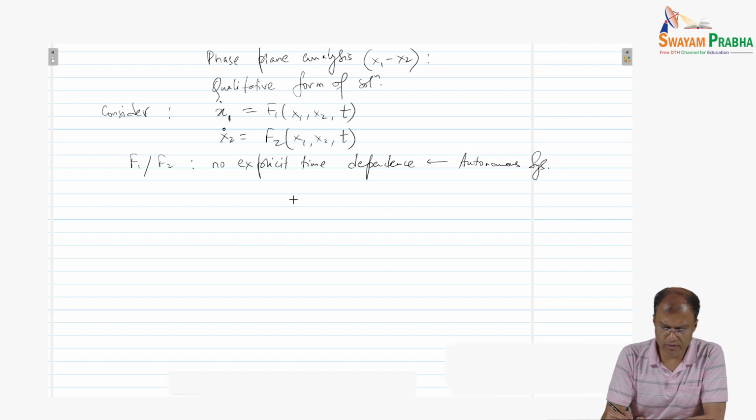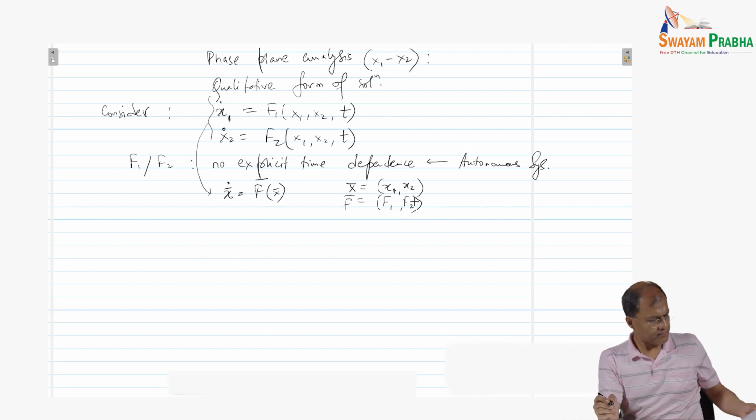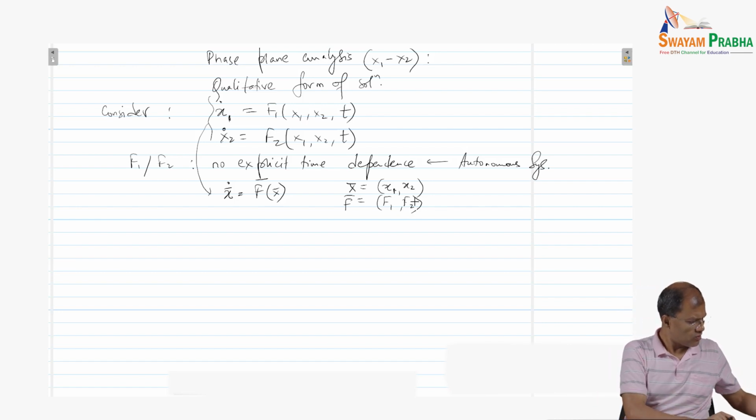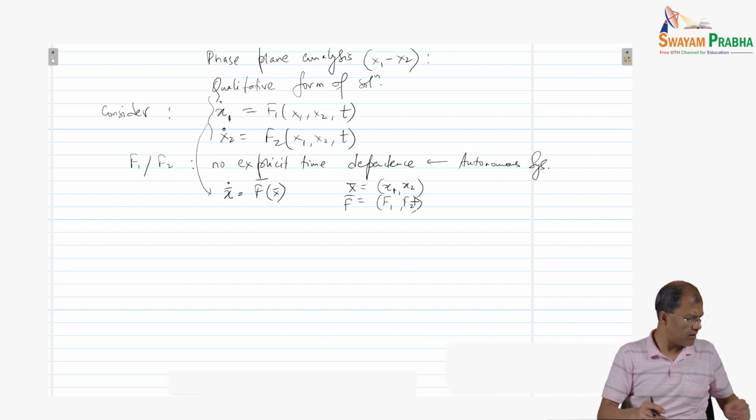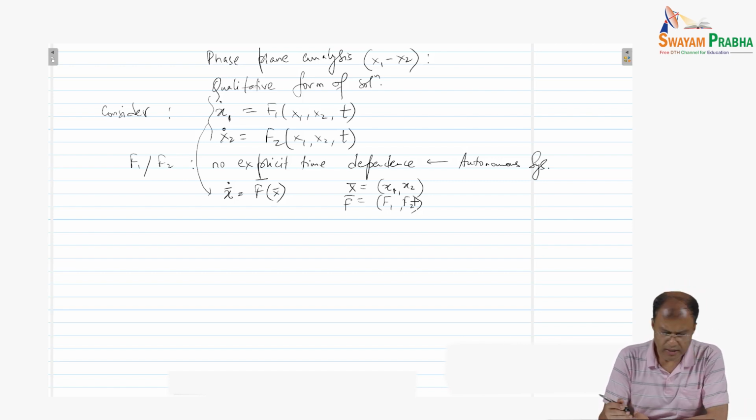And so we can write the most general form: x dot is f of x bar, and we are writing it in the vector form, where x is (x1, x2) and f is (f1, f2), right? So the variables x1 and x2 are represented by, we are talking in 2D.